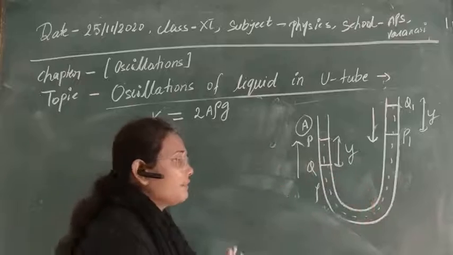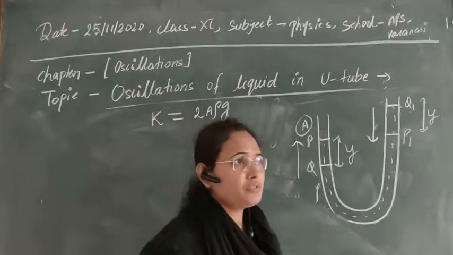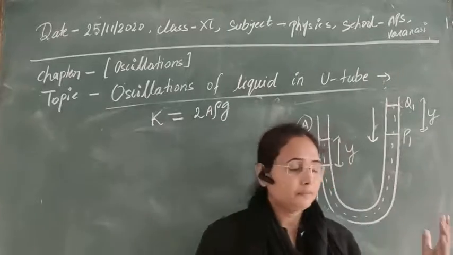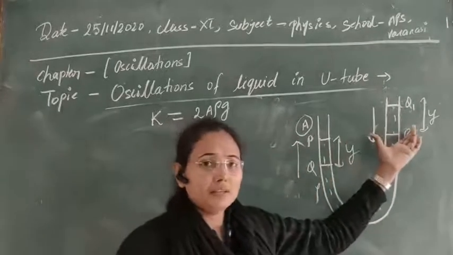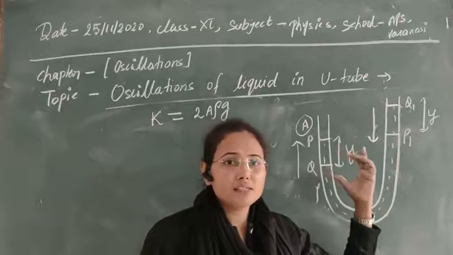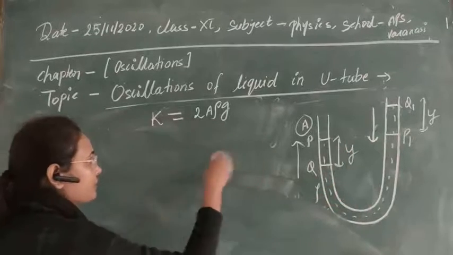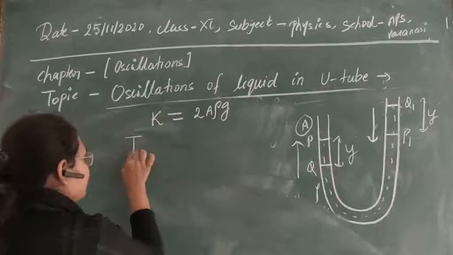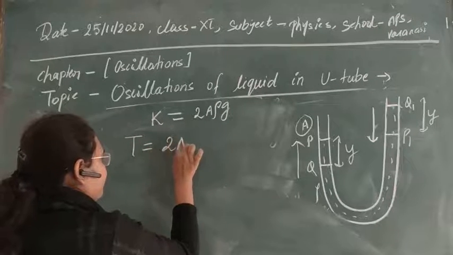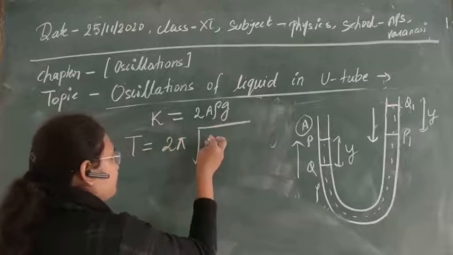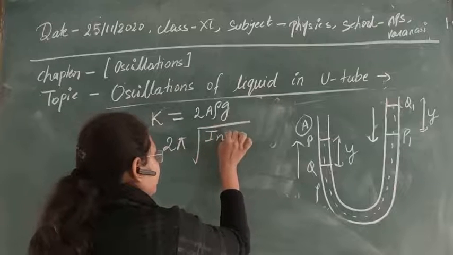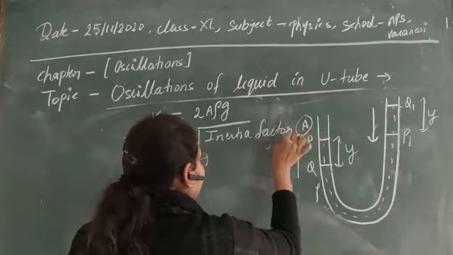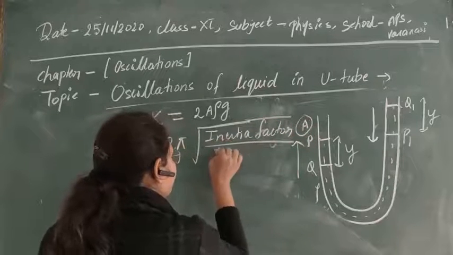And now obviously if there is simple harmonic motion, the system will have some time period and some frequency. So what is the time period and frequency of the system? To calculate the time period, as you know, we have the formula T equal to 2 pi root of inertia factor upon spring factor.